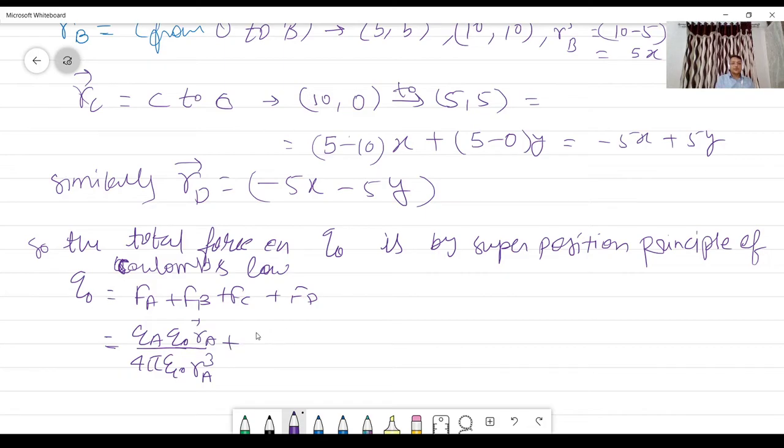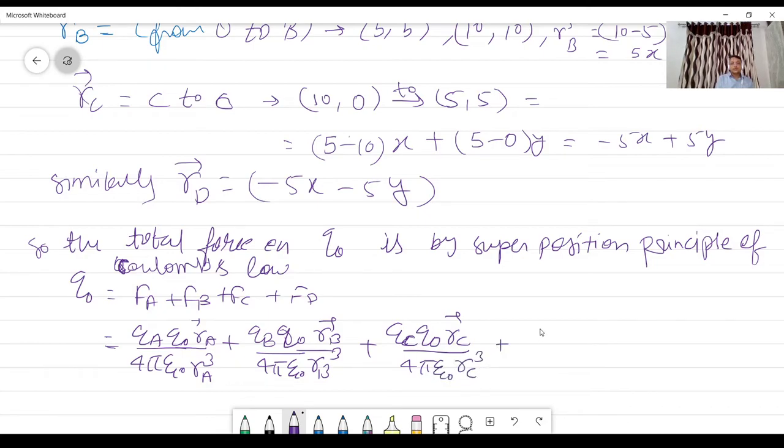Similarly, I can write the formula for FB, QB Q naught upon 4 pi epsilon naught RB cube and RB vector. Similarly, QC Q naught RC vector upon 4 pi epsilon naught RC cube plus QD Q naught RD vector upon 4 pi epsilon naught RD cube.